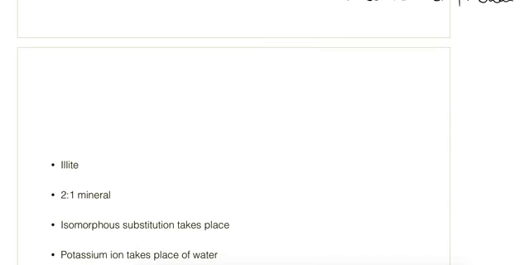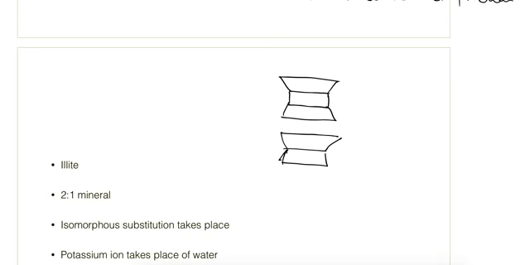And similarly, the next mineral is illite. It is also similar to montmorillonite, with just one difference. The space between these two sheets is occupied by the potassium ion, so it holds these two sheets more strongly than the van der Waals forces.